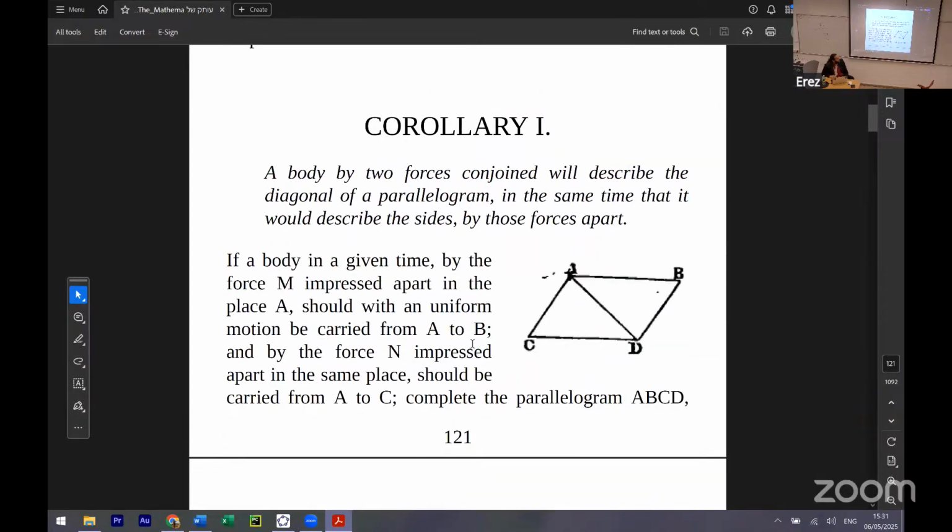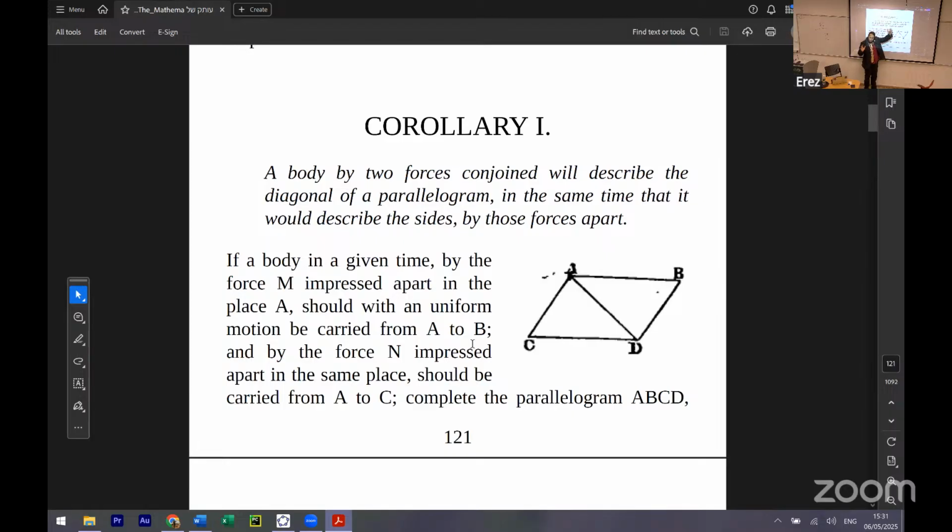The first corollary, it's quite nice. Suppose this is a ball and you have 2 ropes attached to it. One person, Sammy, tugs on the rope in this direction and with this force. Tomas tugs on the rope in this direction and with a force which is that length. Okay, you see a very geometrical drawing because Newton has Euclid to stand upon.